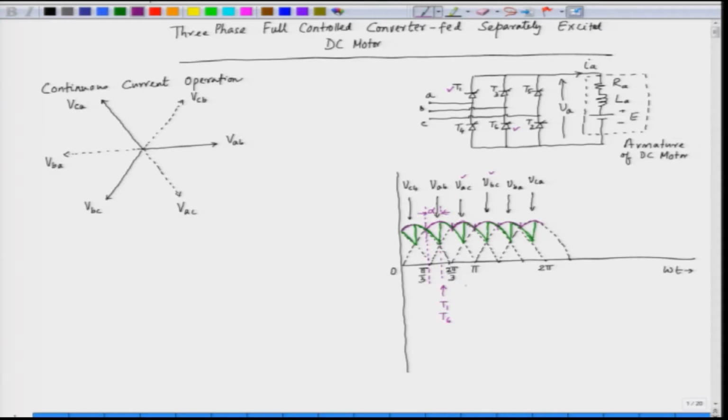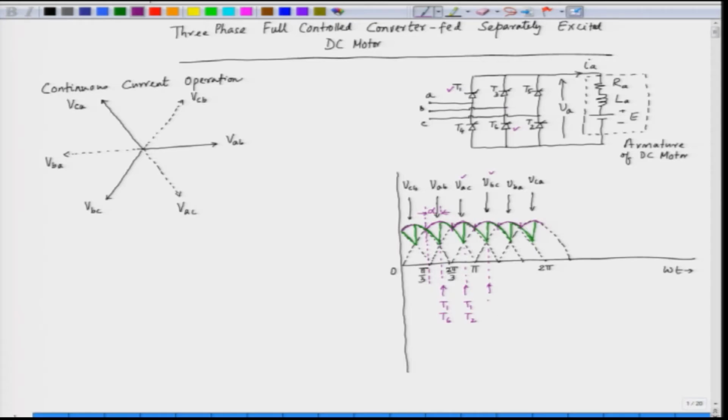At this instant, VAC is the maximum, so we trigger T1 and T2. At this instant VBC is the most positive voltage, so in this case we trigger T3 and T2.